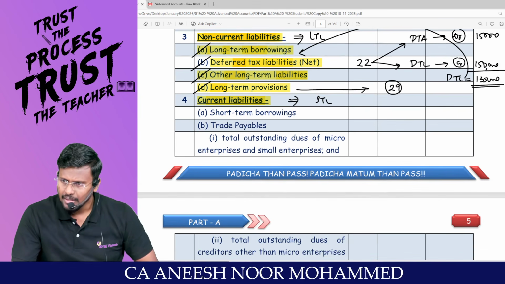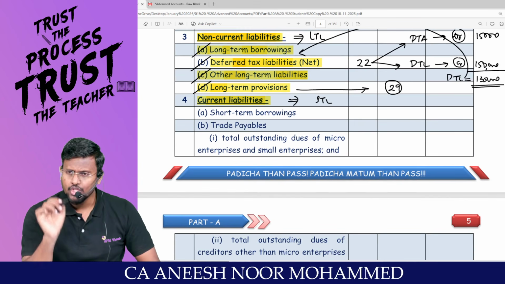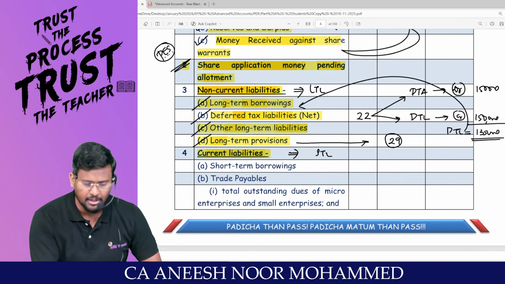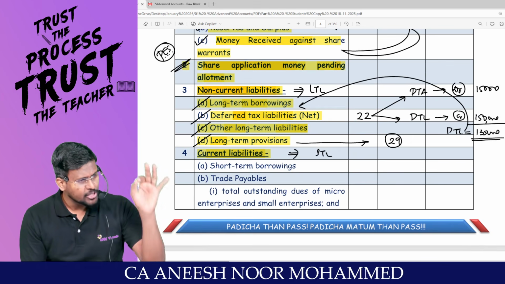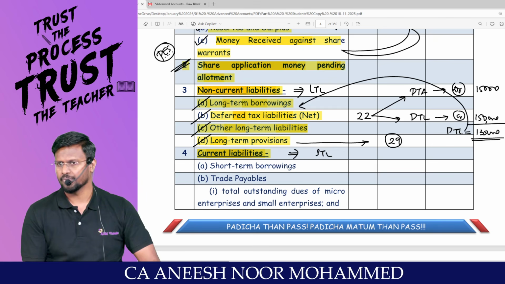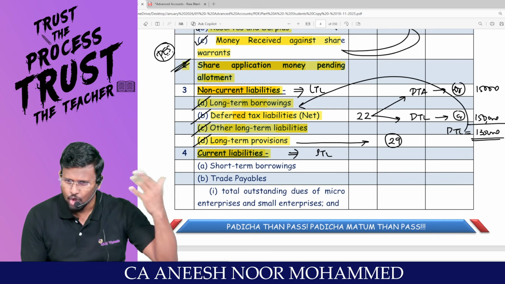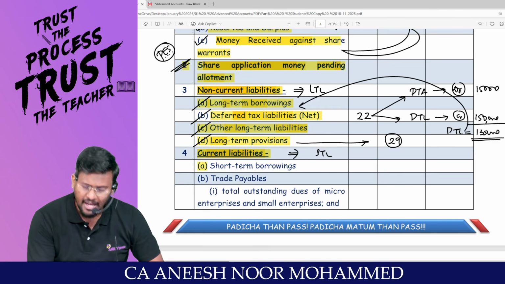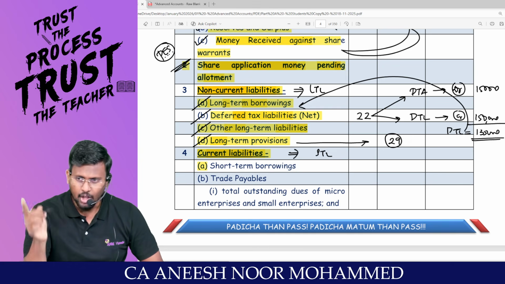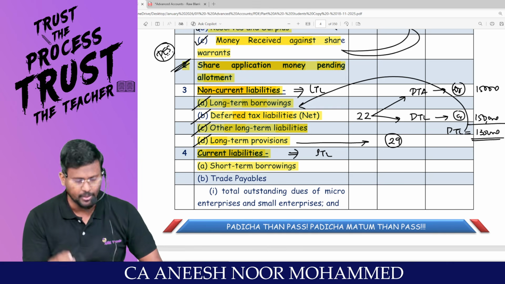Coming to the current liabilities. Any liability which you are not liable to pay within 12 months is a non-current liability. Any liability which you are liable to pay within 12 months is called a current liability. For non-current liabilities, what was the A you started with? Long-term borrowings. The opposite of long-term borrowings is short-term borrowings.